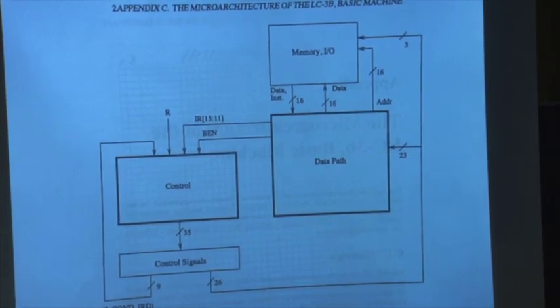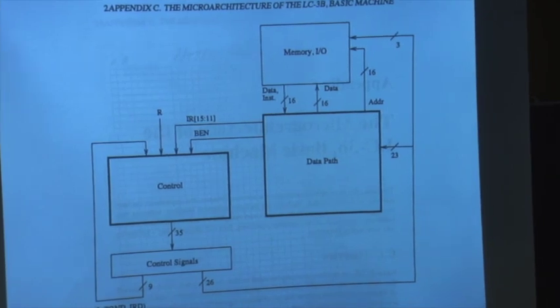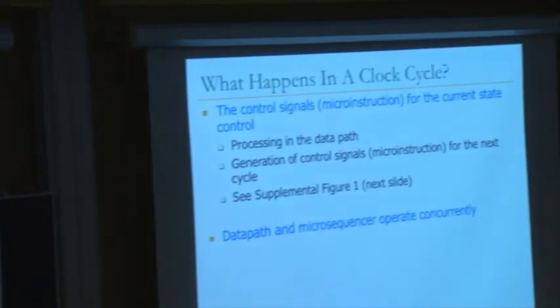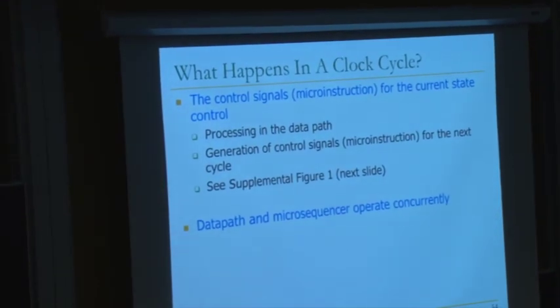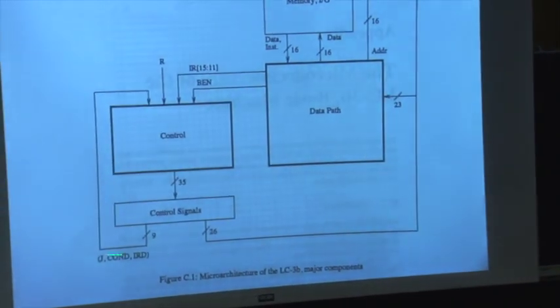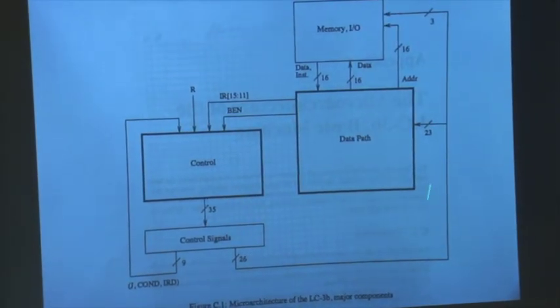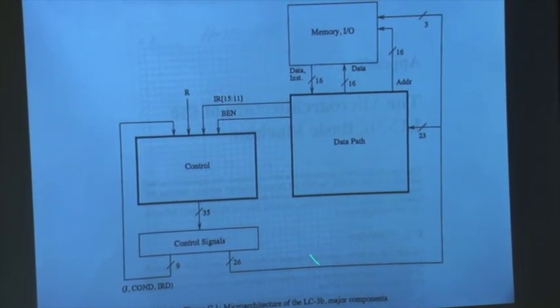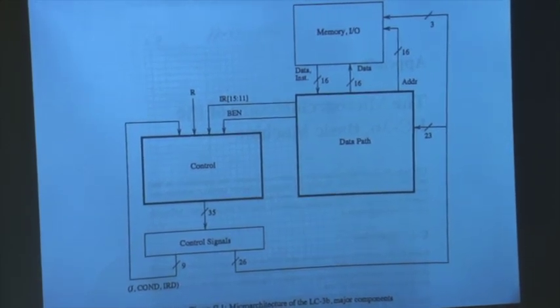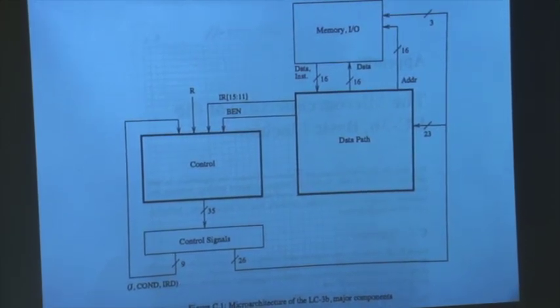Let's see, I'll get to that picture. But what happens in a clock cycle? If you look at this, what do you have going on in a clock cycle? These control signals that are latched in a register in the current microinstruction determine the processing that goes on in the data path: which muxes are adjusted which way, what the ALU should do.